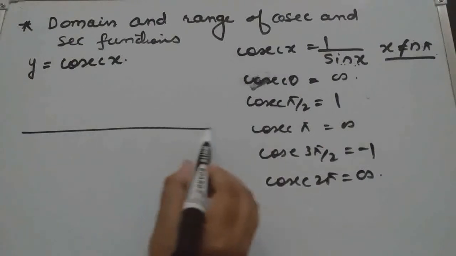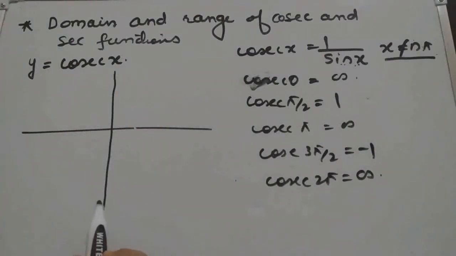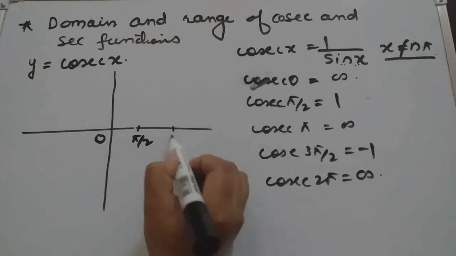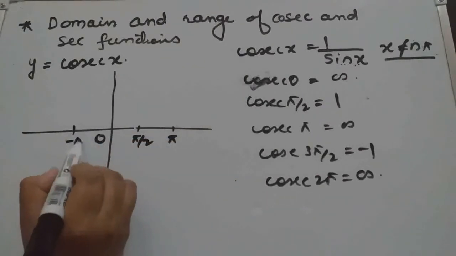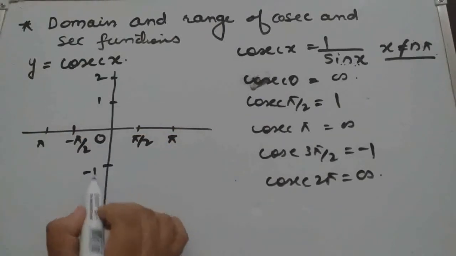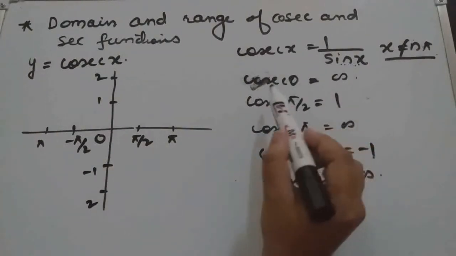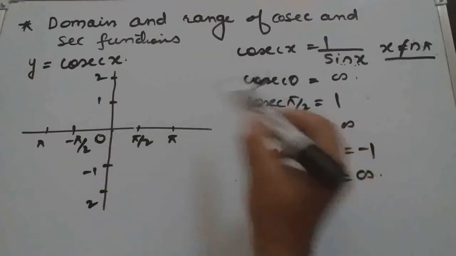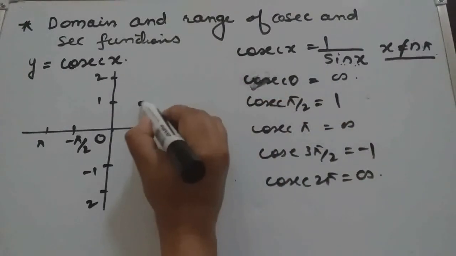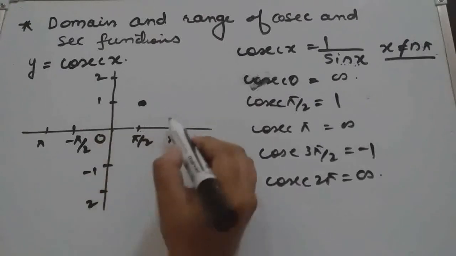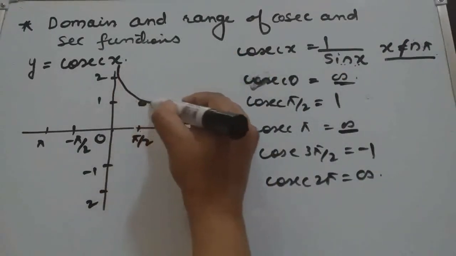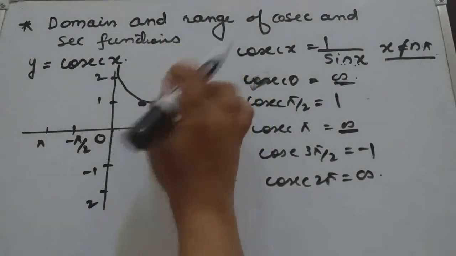So suppose this is the graph, this is 0, pi by 2, pi, minus pi by 2, 1, 2, minus 1, minus 2. Okay, see at 0 it is infinite, so here it will go. Cosec pi by 2 is 1, so this will go through pi by 2 comma 1. At pi it is again infinite, so here, see, this won't cut.